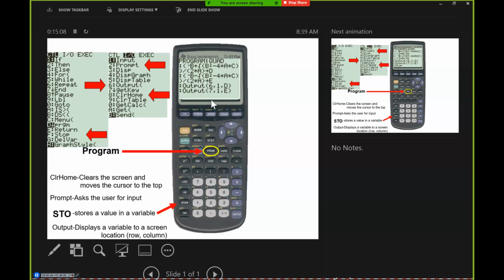And you'll type output 6, 1, D and then 7, 1, E. Just like it's written there on the screen. Do you have to put the commas in yourself? Those commas you should have to type in yourself. The comma button is right above the number 7.